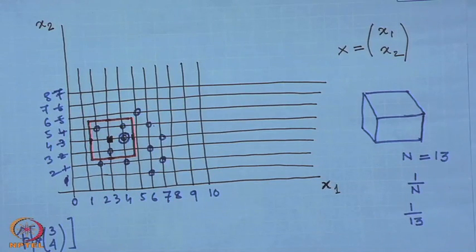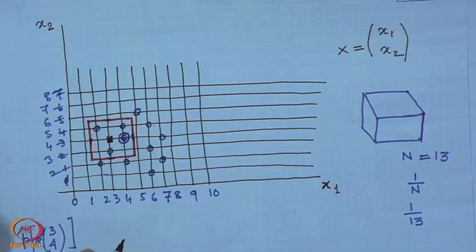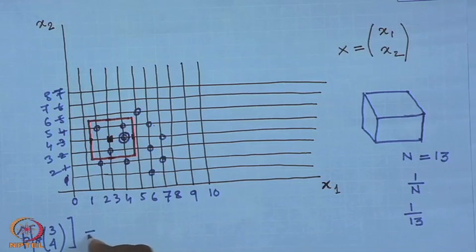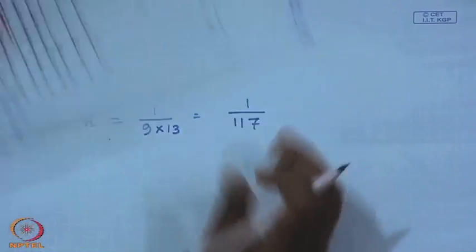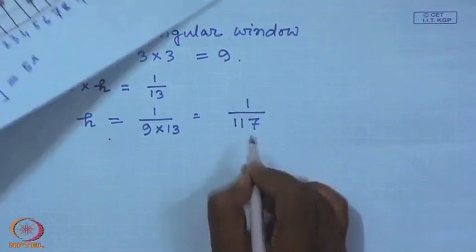So, as a total of 5 samples are falling in this box, what I have to do is this: the probability estimate P of x equal to 3, 4 will be 5 into the height of the box as we have computed, which is 1 upon 117.